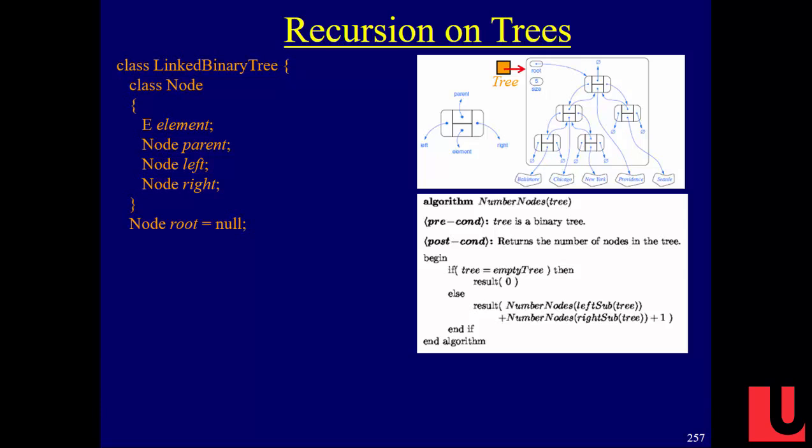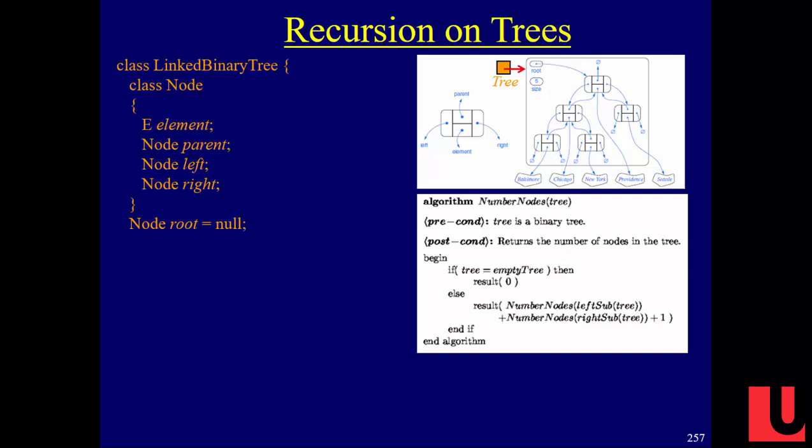Remember when I was starting to teach this, I had to go to Frank and say, Frank, what's going on? He said, no. These things here are of type node. And so what's tree? Tree has a root, which is a pointer to a node, or they don't call them pointers, they call them references. A reference to a node, and each node has a reference to a left node and a right node.